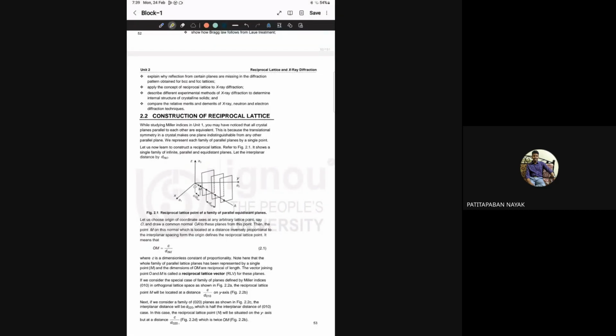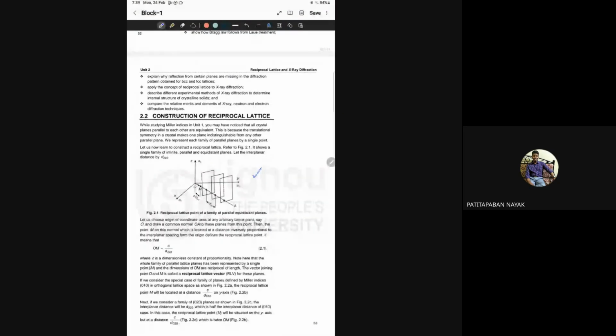Let us now learn to construct the reciprocal lattice. How? It shows a single family of infinite parallel and equidistant planes. This picture over here, what is it showing?